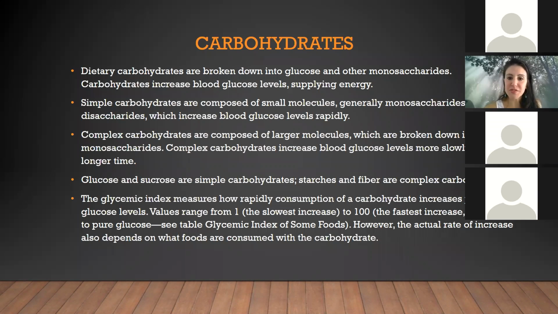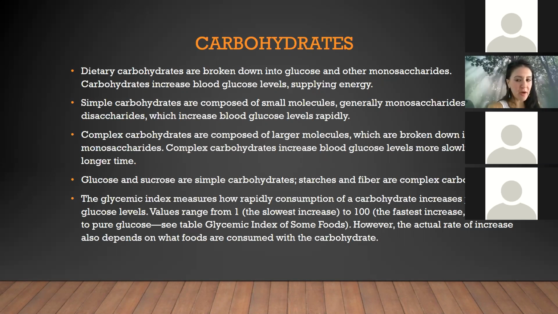Complex carbohydrates will increase your blood glucose levels, but at a slower rate. Glucose and sucrose are simple carbohydrates, and then starches and fiber are complex. So when you hear a starch or something with fiber, that means it's a more complicated molecule.